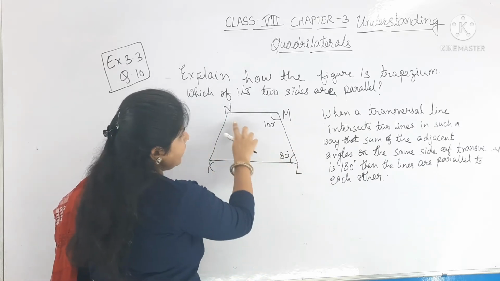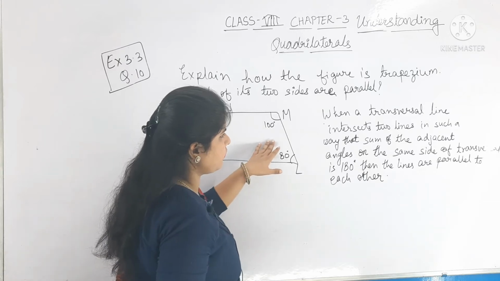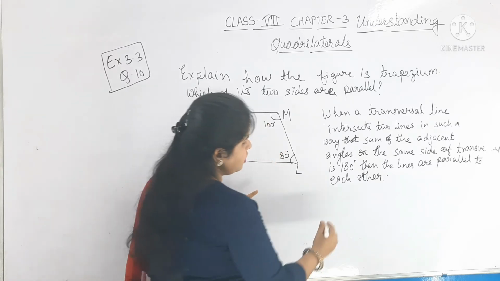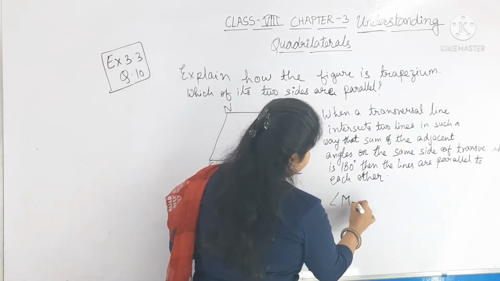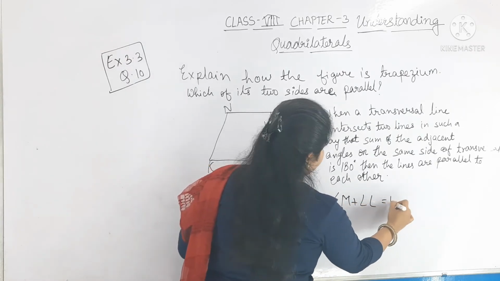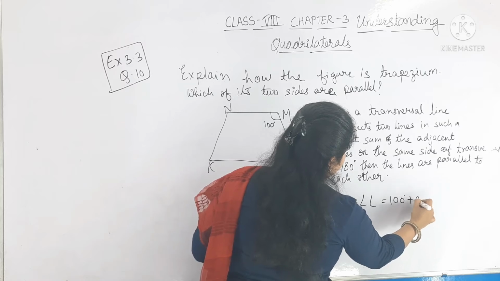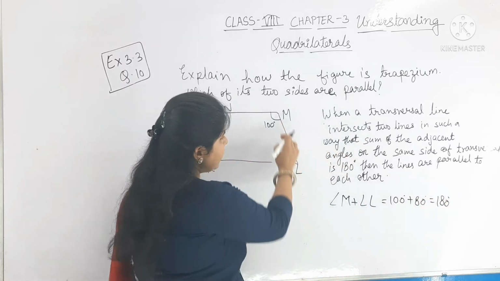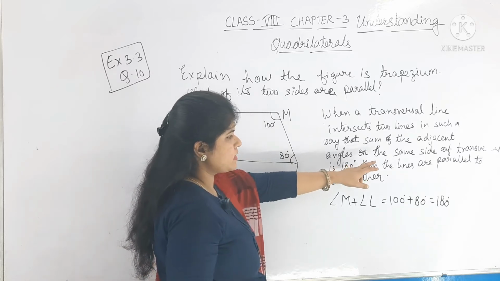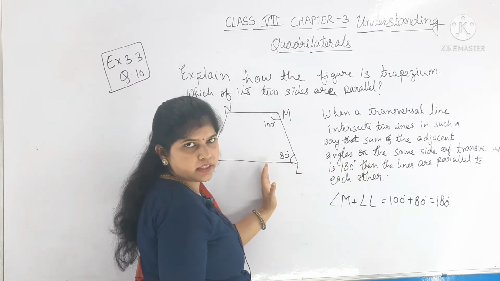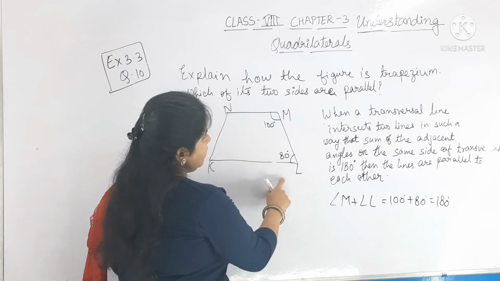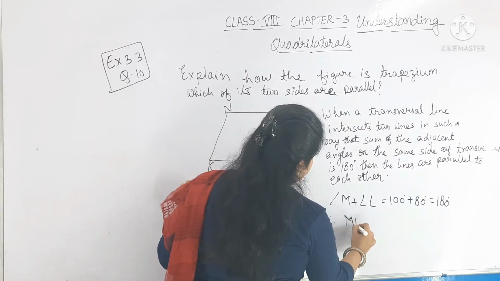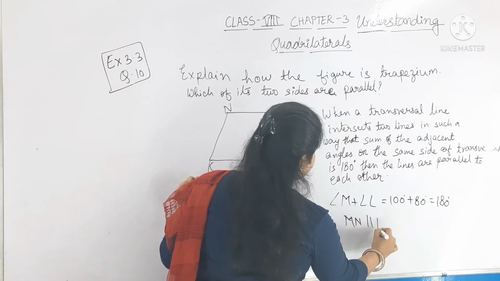These two lines KL and MN are intersected in such a way that the sum of the adjacent angles, angle M plus angle L, is equal to 100 degree plus 80 degree, that is 180 degree. The sum of the adjacent angles on the same side of the transversal is 180 degree, so the lines are parallel to each other. Therefore MN is parallel to KL.